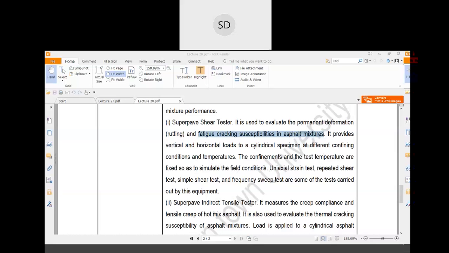Suppose in a highly rainy area you are using the Super-pave. Now you have to test the Super-pave for its performance. Suppose the average temperature of that area is 25 degrees Celsius. So your test temperature should be maintained at 25 degrees Celsius. Now as this is a highly rainfall area, it is quite acceptable that the pavement may be submerged in water for a considerable period of time.